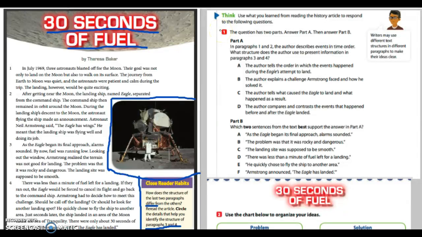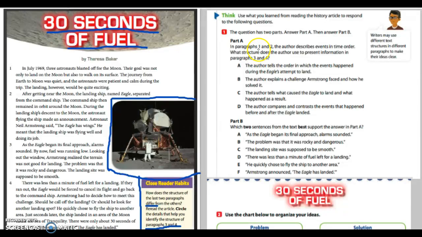Next is A, are you reading the questions? So I'm going to look over at our questions on our next page, 235. And question number 1 says, this question has 2 parts. Answer part A, then answer part B. In the paragraphs 1 and 2, the author describes events in time order. What structure does the author use to present information in paragraphs 3 and 4?